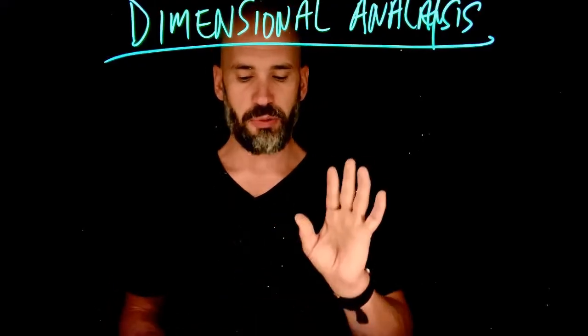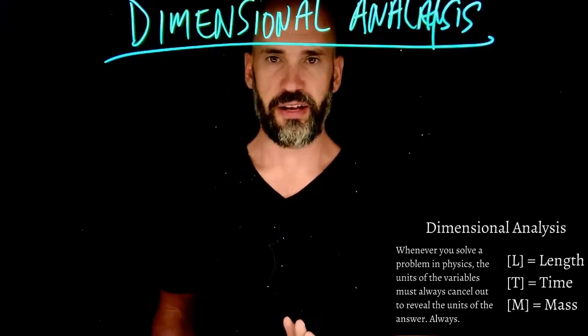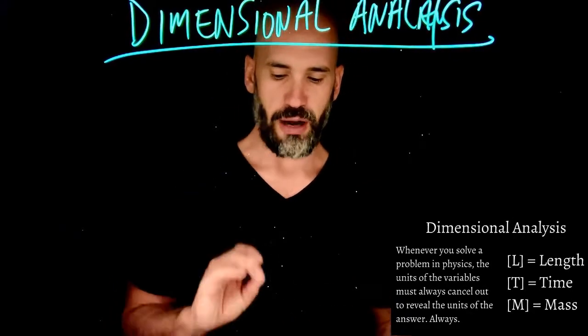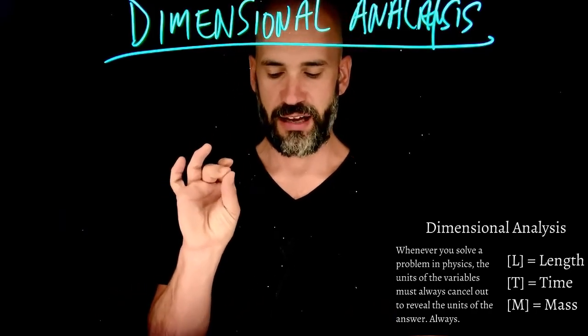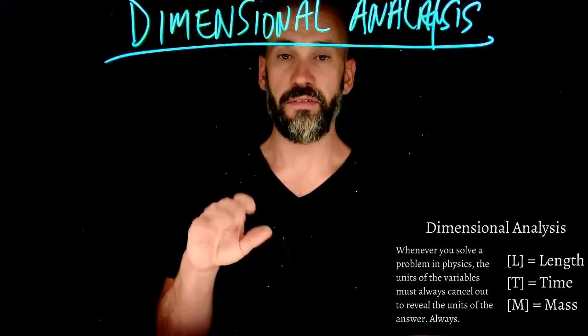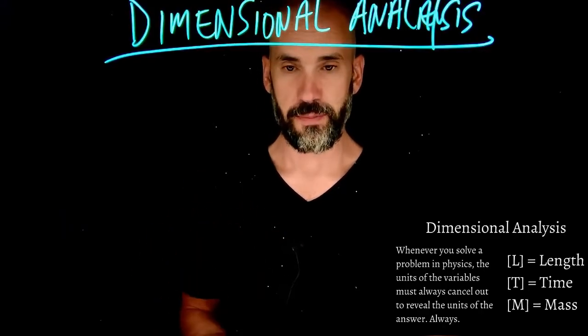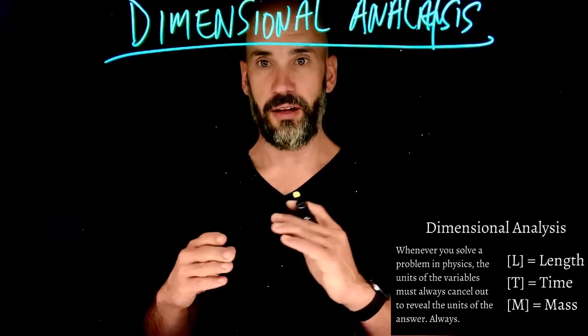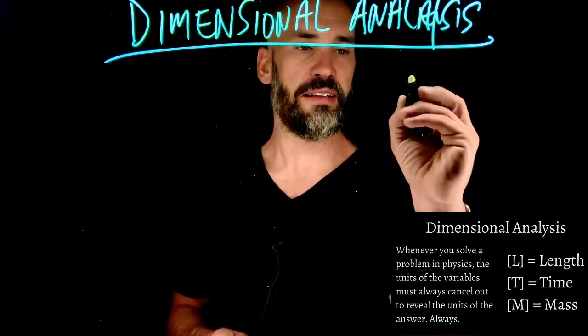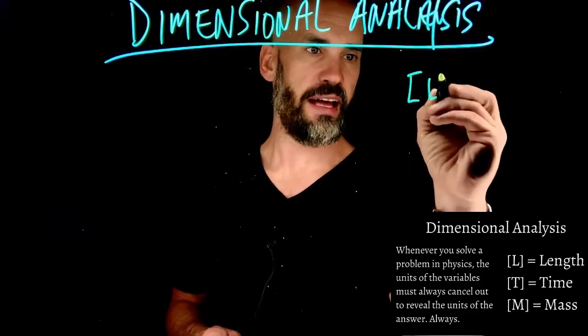Whenever you solve a problem in physics, the units of the variables must always cancel out to reveal the units of the answer that you're getting, okay? In general, when we're doing a dimensional analysis, whenever we're talking about a length, we have this little L here.